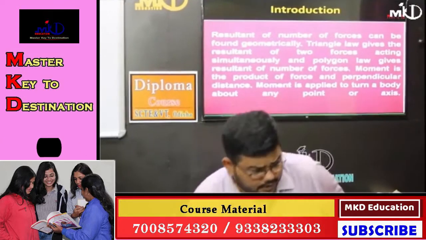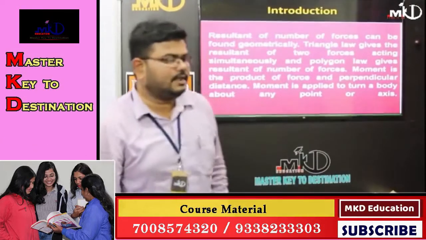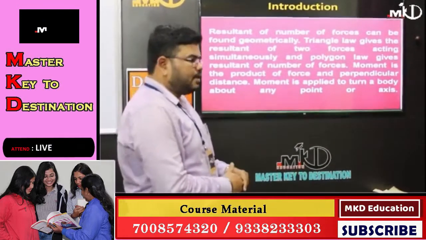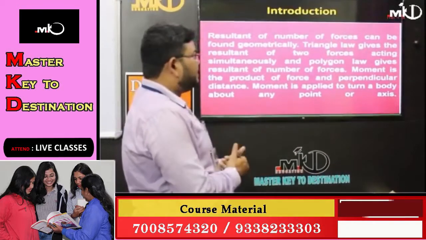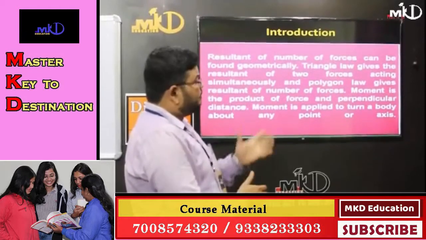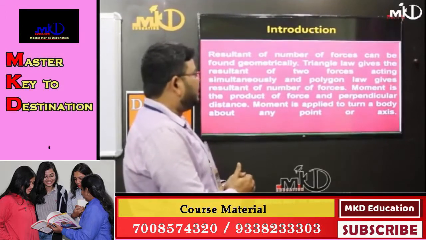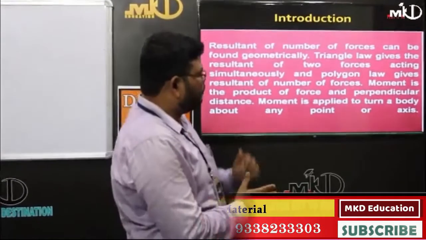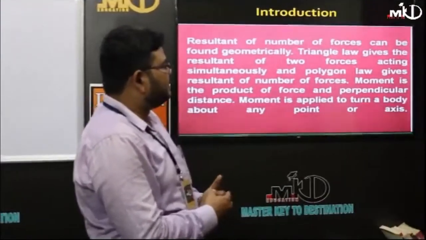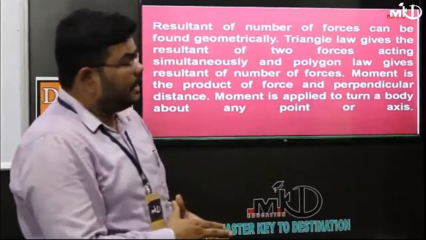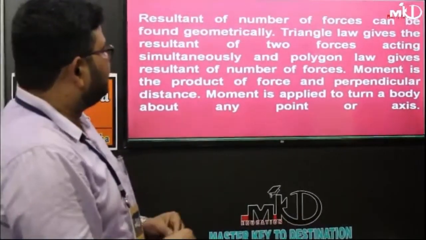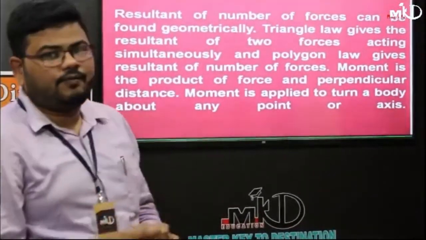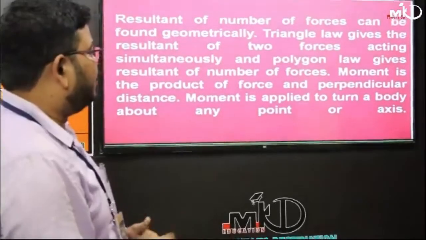As we know, the resultant of a number of forces can be found geometrically. This is applicable by applying the triangle law and polygon law. The triangle law gives the resultant of two forces acting simultaneously on a point, and the polygon law gives the resultant of a number of forces acting at a point.